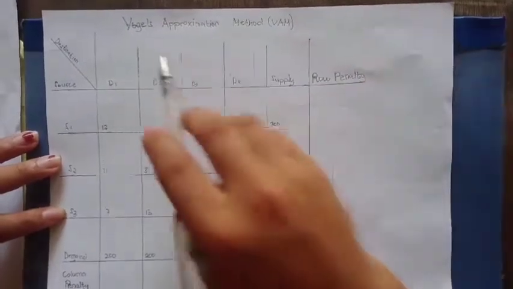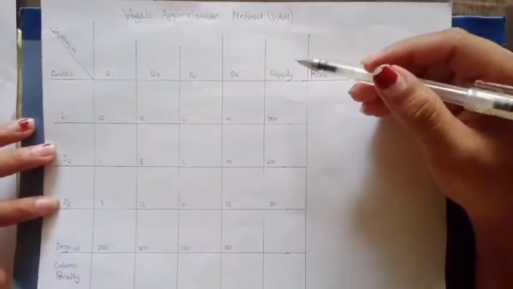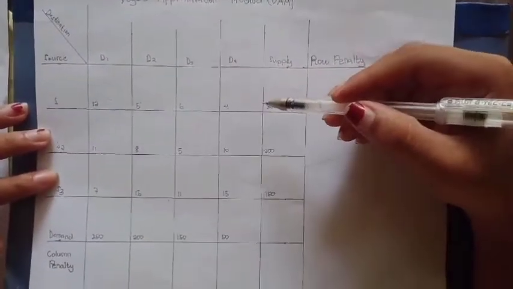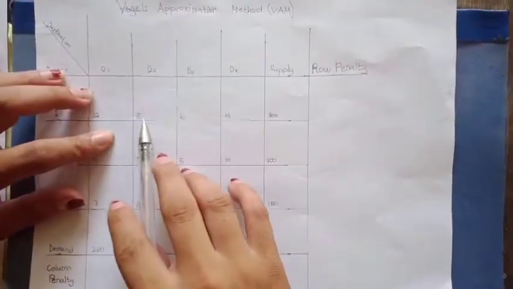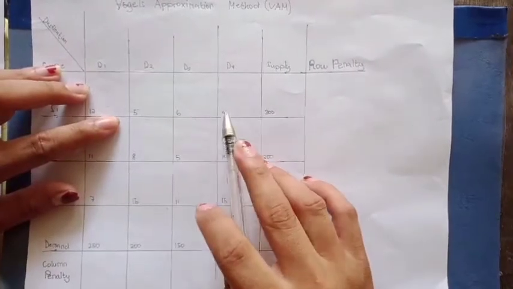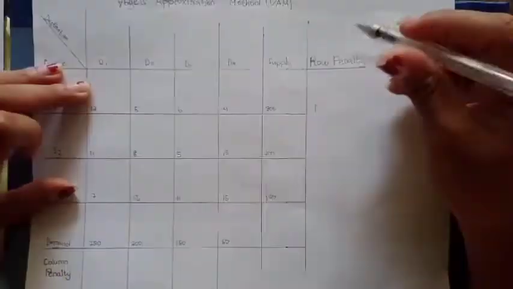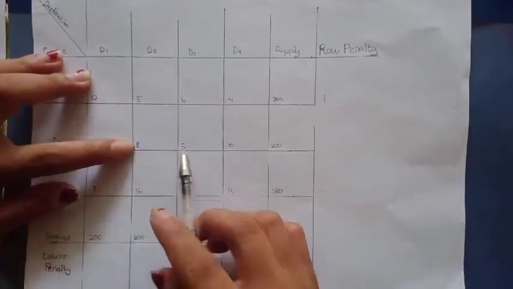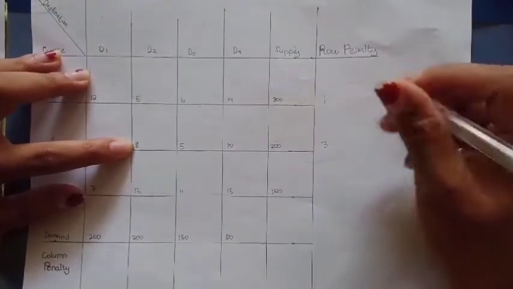Next is the Vogel's approximation method or VAM. In this method, kailangan nating hanapin ang pinakamaliit at saka yung sumunod sa pinakamaliit at kailangan natin silang i-subtract. So first, we have 5 minus 4, so 1. And then here is 5 and 8, so 8 minus 5 is equal to 3.